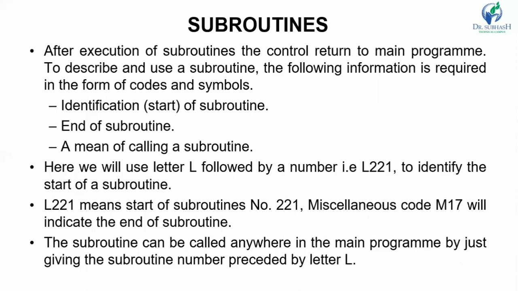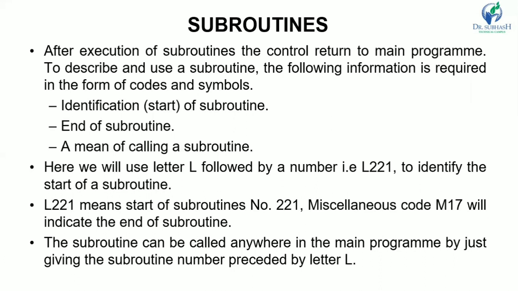So we use the letter L followed by a number. For example, L221 identifies the start of subroutine number 221. The miscellaneous code M17 indicates the end of the subroutine.